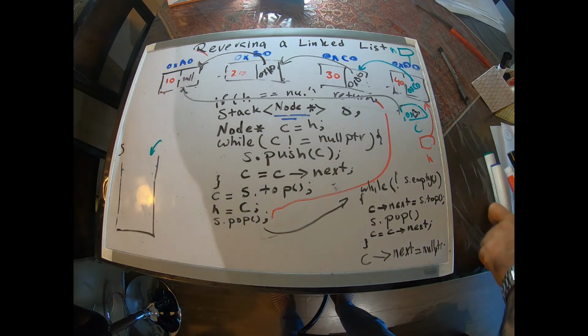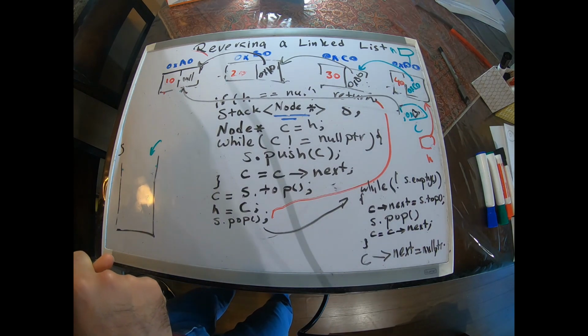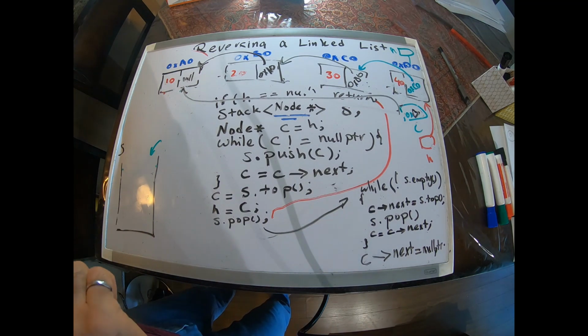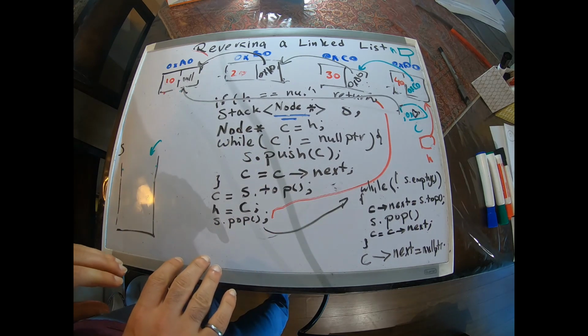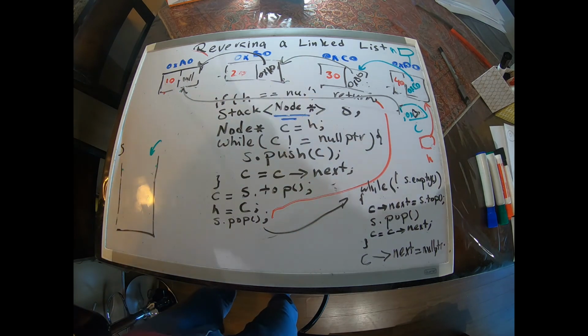So this is how we can reverse a linked list. I showed you 3 different versions of it. The first one was a recursive version. The second and third one were non-recursive. And in the last one, I showed you using a stack to do the reversal for us.